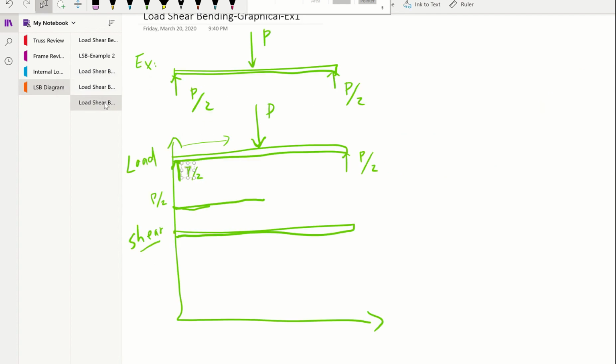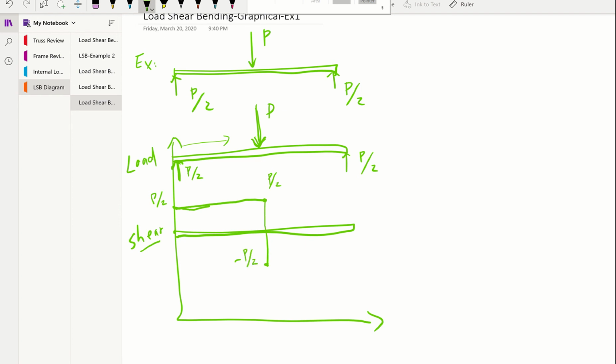So this is going downward, from P/2 downward by P. So it's P/2 minus P, and that will give us negative P/2.